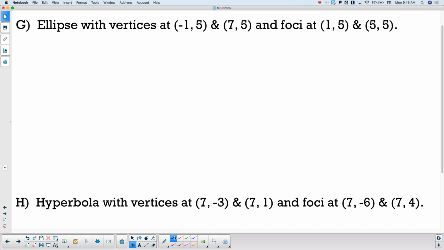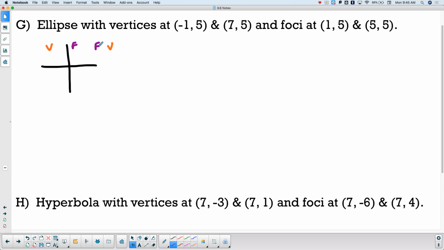All right, so we got an ellipse with vertices at there and there. If I draw myself a little picture again, that tells me I've got vertices at (negative 1, 5) and (7, 5), and foci inside of there at (1, 5) and (5, 5).